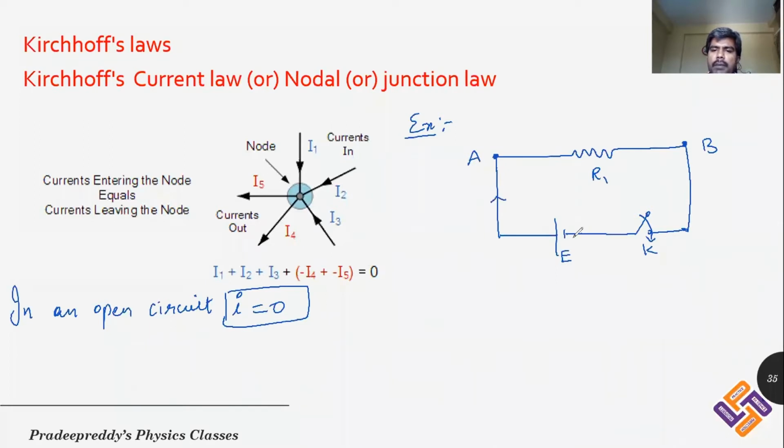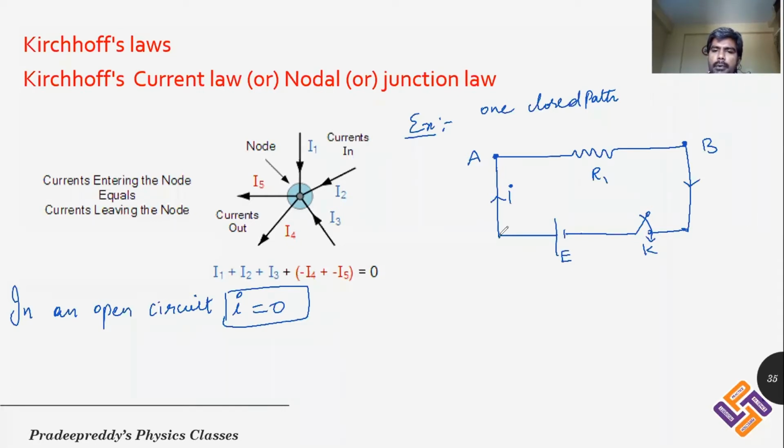I am considering from the positive terminal of the battery to the negative terminal, and this current I name as I. For the whole circuit, there is only one closed path. As there is only one closed path here, current starts to flow from positive to negative terminal.